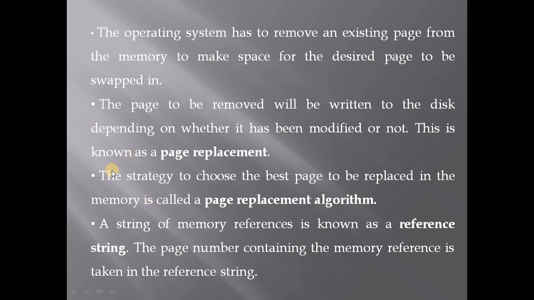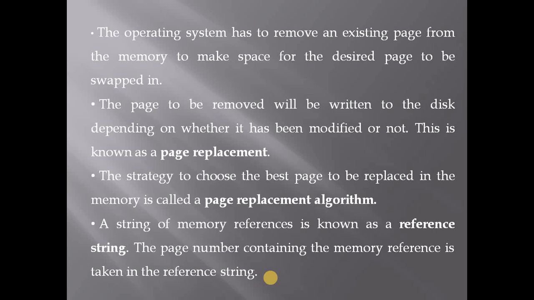A string of memory references is known as a reference string. The page number containing the memory references is taken as the reference string. The number of page frames plays an important role in producing the number of page faults and in the performance of the system. The more the number of page frames, the less is the probability of page faults and the increased performance of the system.